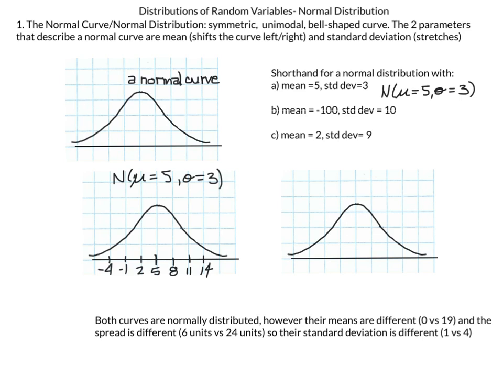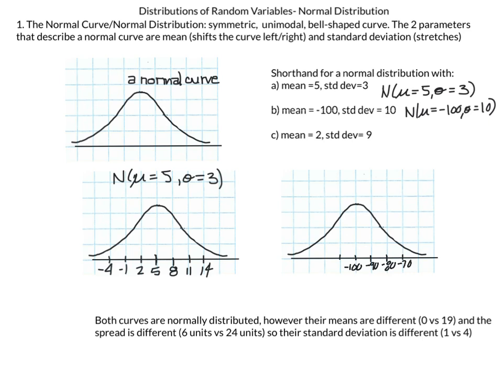Let's look at this next problem. Mean is equal to -100 and standard deviation is 10. So that's mu equals -100, sigma equals 10. Over here, we would draw our -100. If we add 10, we get -90. Another 10, we get -80. Another 10, we get -70.